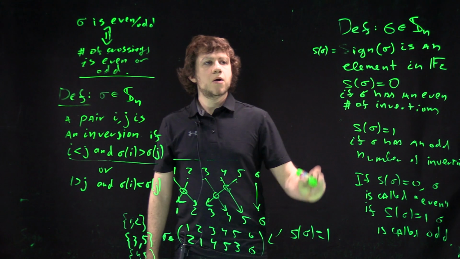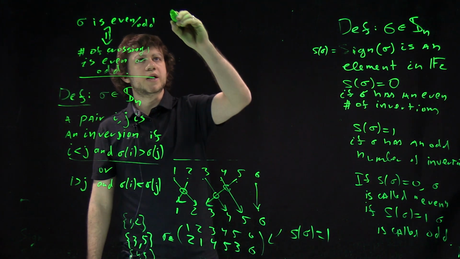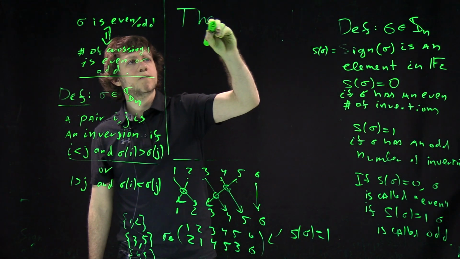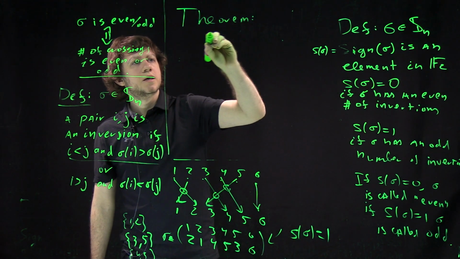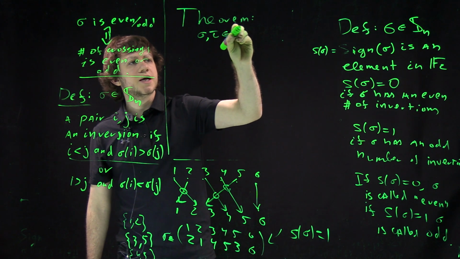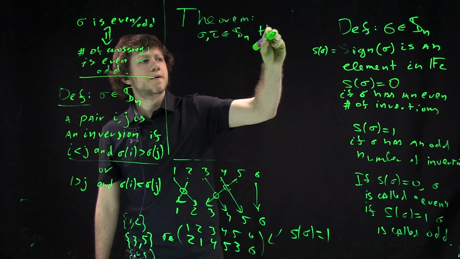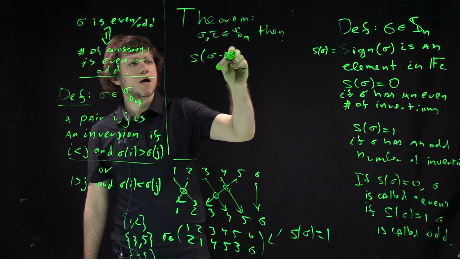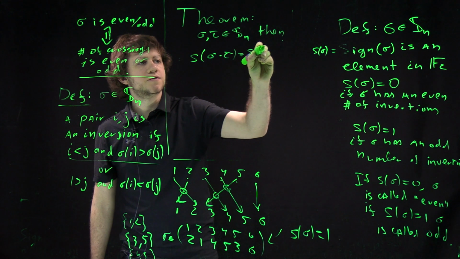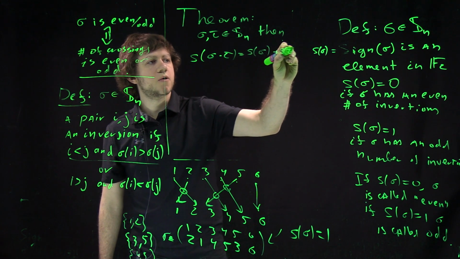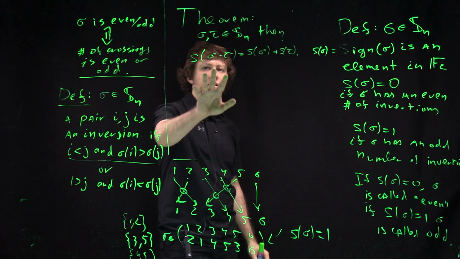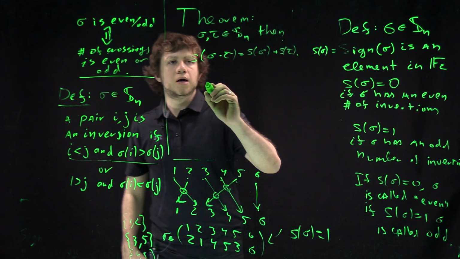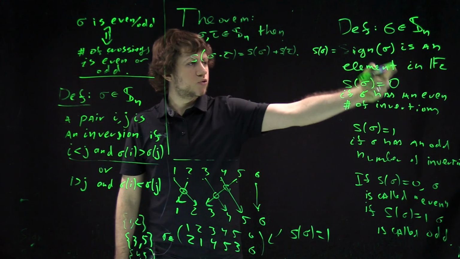Okay, so now the main important theorem comes into play. So theorem, if you have a pair of permutations inside Sn, then the sine of sigma composed with tau is equal to the sine of sigma plus sine of tau. And here I think of a sine as an element in F2. So basically, you can just write it down, since we know how to add zeros and ones.